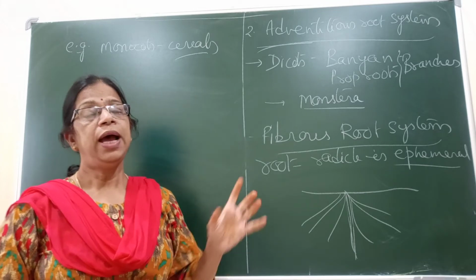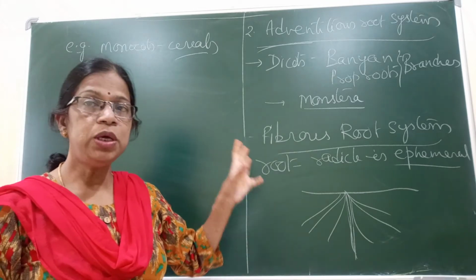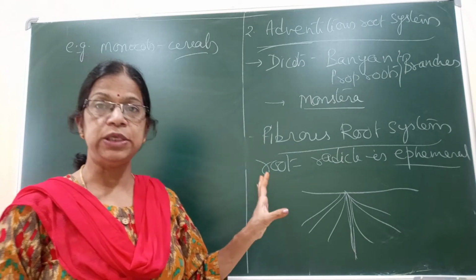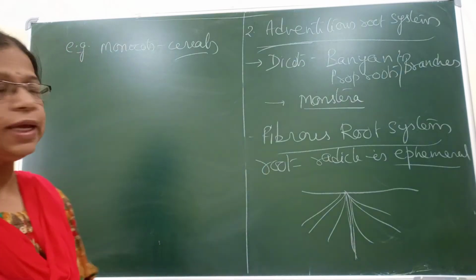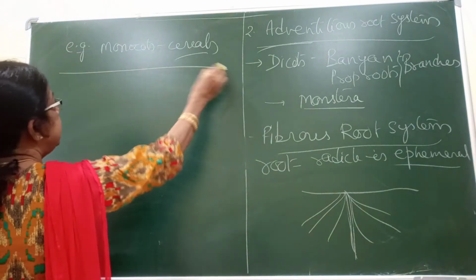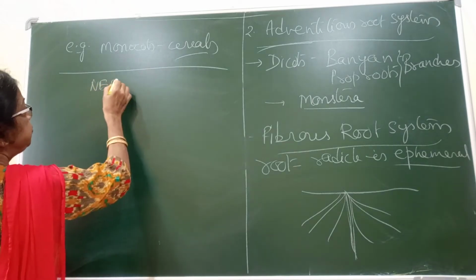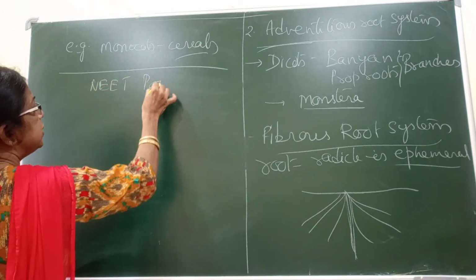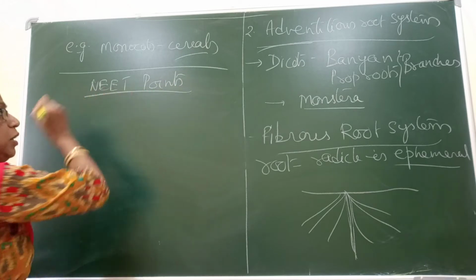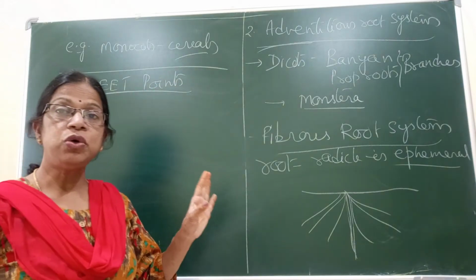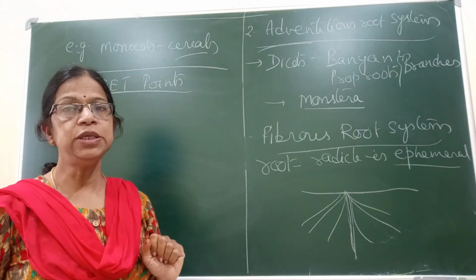Now suppose I have to give some points on the types of root system. So what all points I can give? I will write here NEET points from types of root system. So point wise I am going to give.